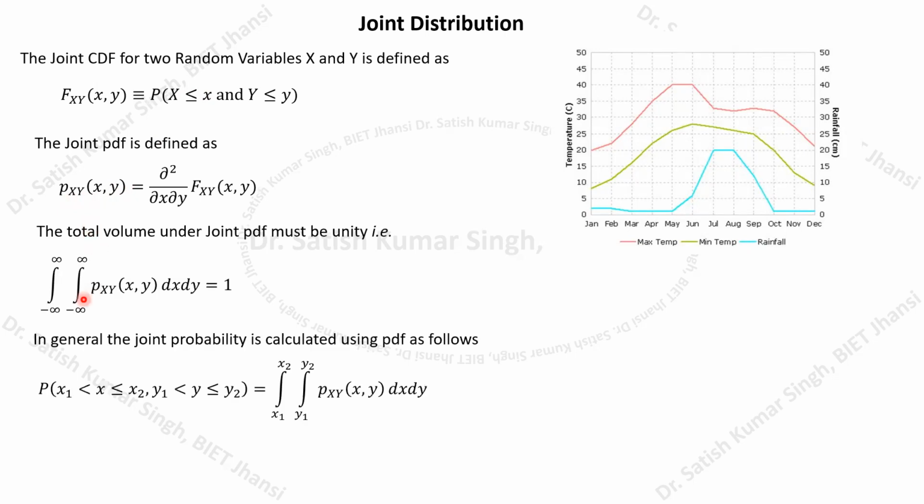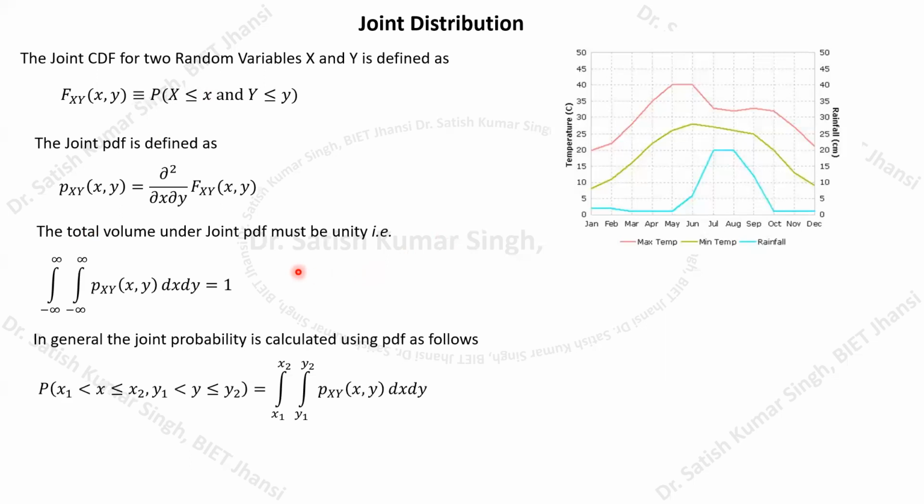So we have to integrate from minus infinity to infinity for both random variables x and y, and this value should be equal to 1, right? In the case of a single random variable, we say that the area under the curve should be equal to 1.